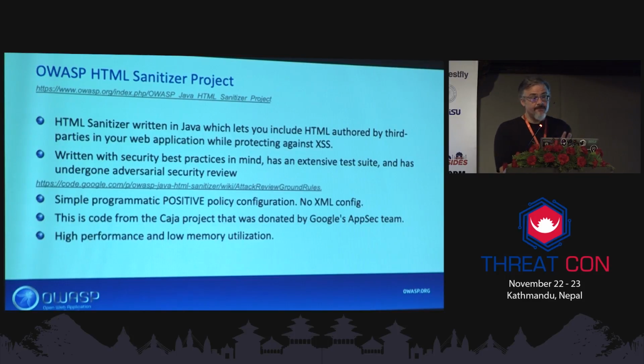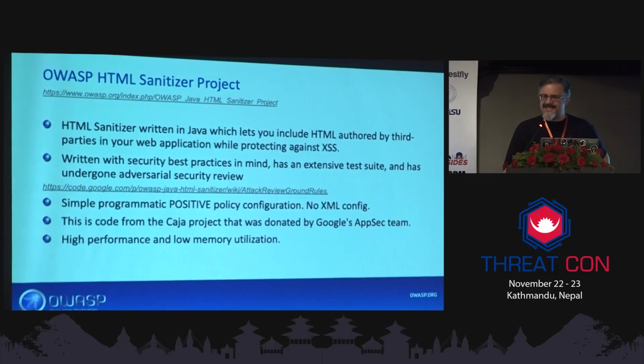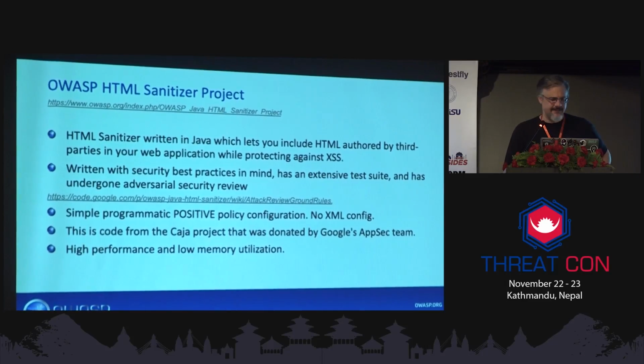When a user is authoring HTML, we may want to add that HTML to our website. This is a project that will take HTML from a user and make sure it's safe, that we can display to another user. And this is a relatively important control because it's extremely complicated. It's an easy way to attack a website.